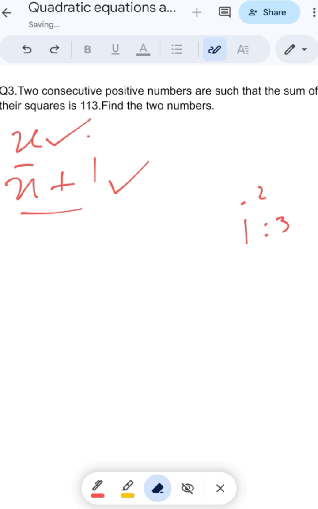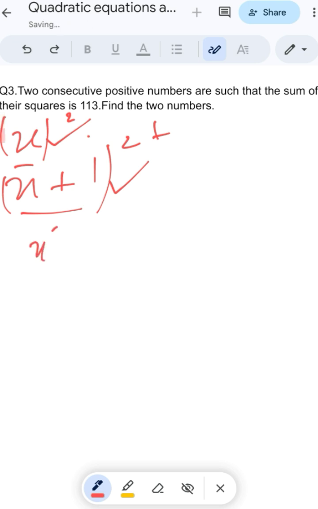Jumping on to the question, two consecutive positive numbers, got my first, got my second, they are such that the sum of their squares. This means you are individually squaring them and then adding them up. This is what the sum of their squares means.